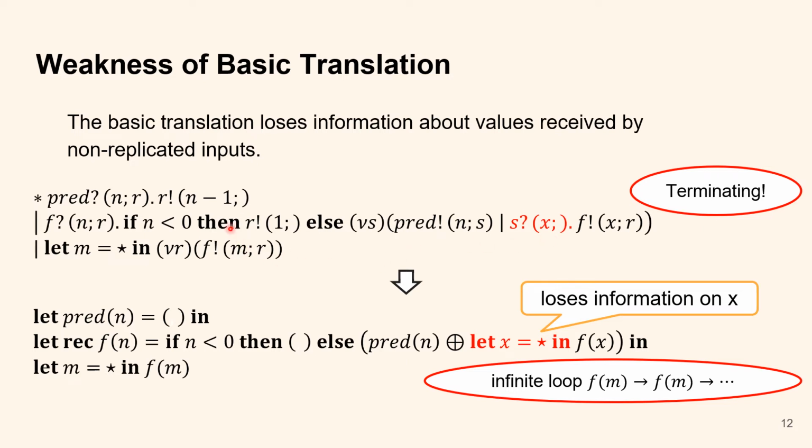Thus, the whole process is terminating. By the basic transformation, we remove this non-replicated input, so in the transformed program, we do not have information about the value of x. Therefore, x is replaced by a non-deterministic integer. The transformed program is not terminating because there is an infinite loop like this.